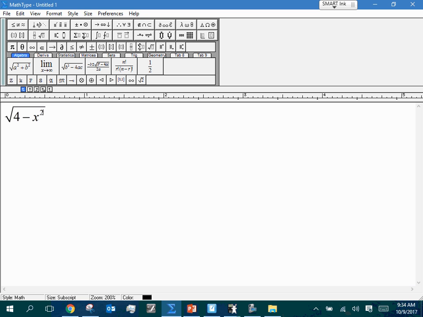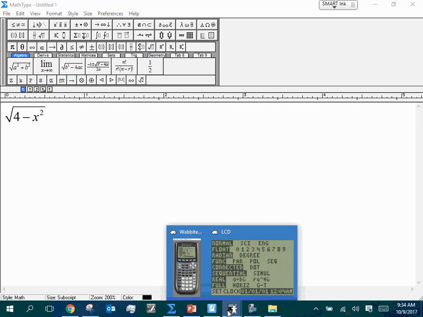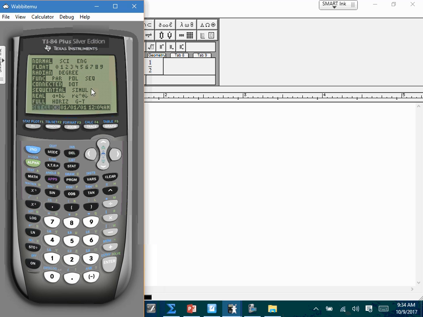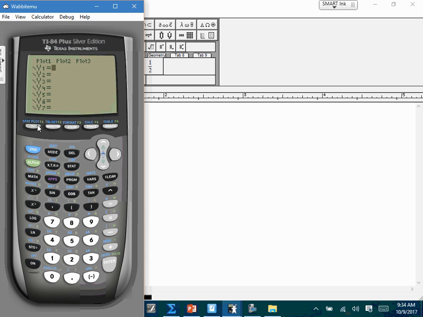There are some, like the TI-83s or 84s, the color edition has that, and some of the monochrome ones, the black and white ones, also have that function if you scroll far enough in those windows.